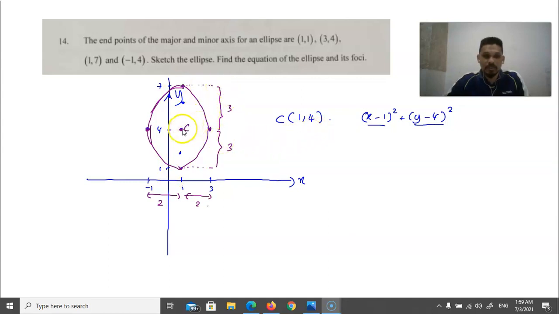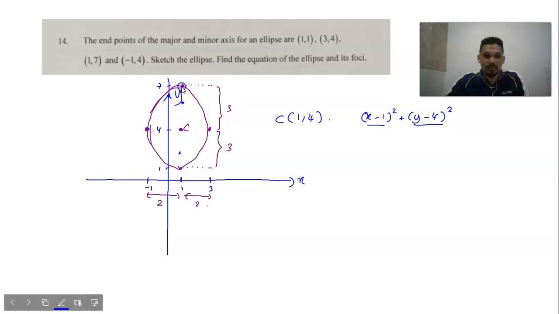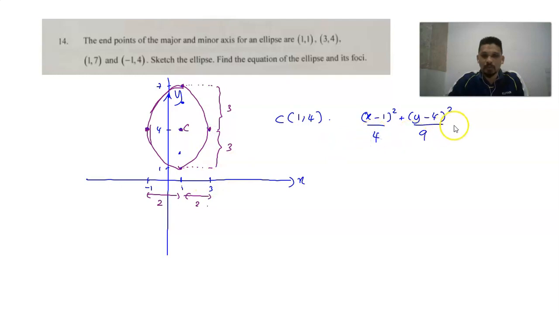The distance from the center to this vertex is 3, so 3 squared is 9, and the distance from the center to this point is 2, so 2 squared is 4, equal to 1.